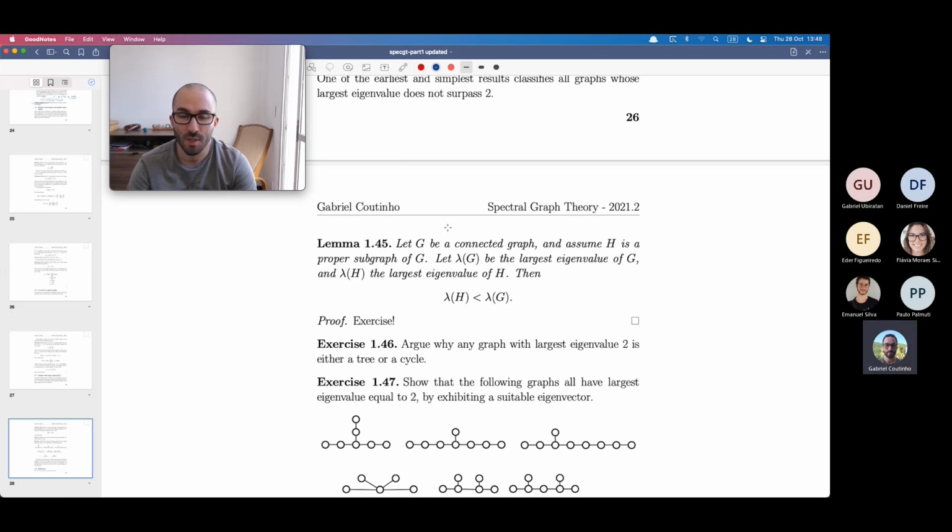I'm leaving this as an exercise, but I am going to give you guys a hint. The hint is, take V. First, start by assuming that H is a spanning subgraph. Maybe it's easier, maybe it's not, but you can decide for yourselves.